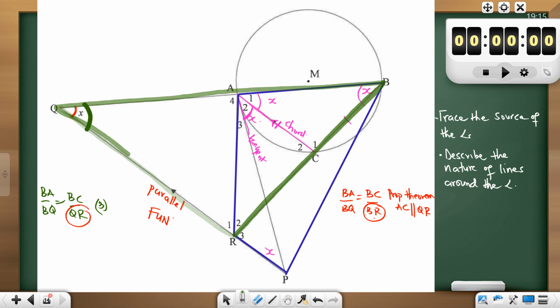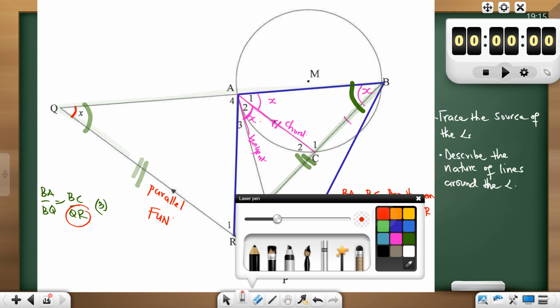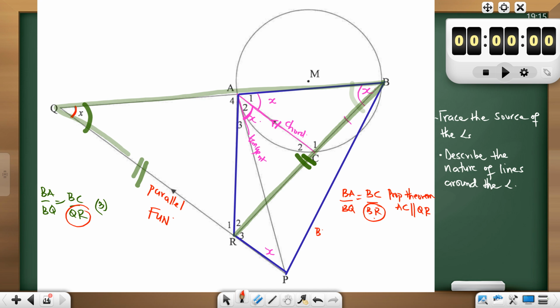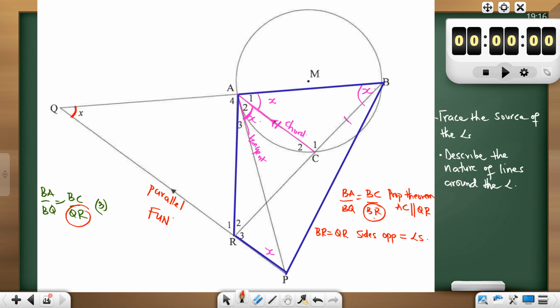Do you notice that angle X, angle X? Isosceles. So QR is the same as BR. But what is your reason? Angles of equal sides. No, it's the other way now. We're talking about sides, right? It is sides opposite what? Equal angles, because we are referring to sides.